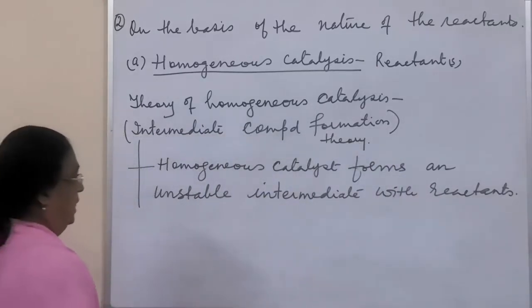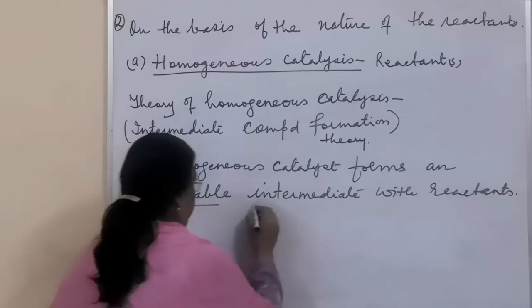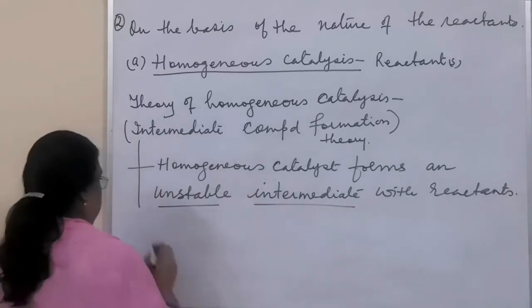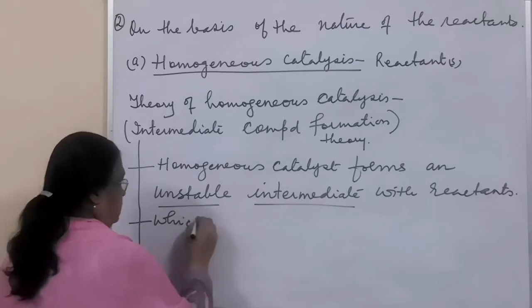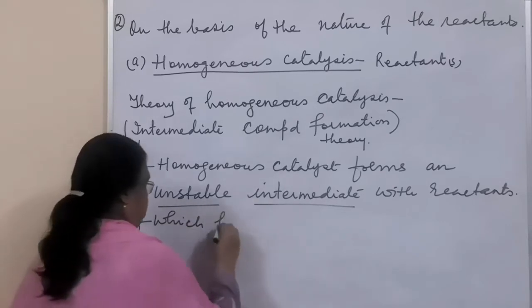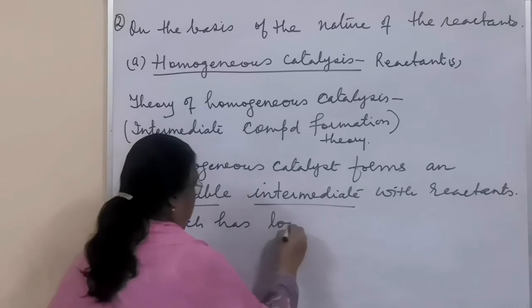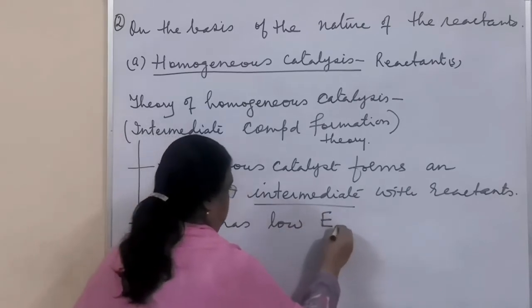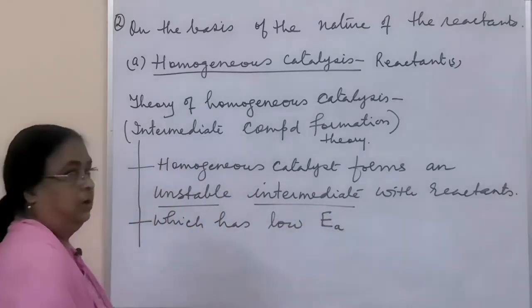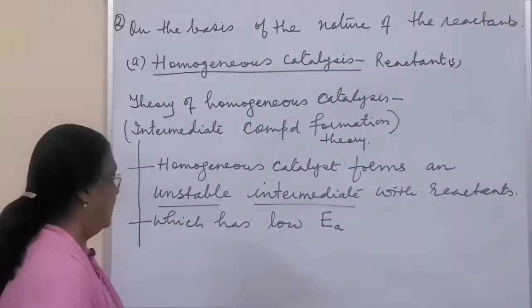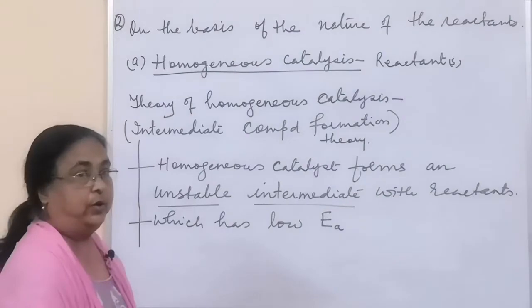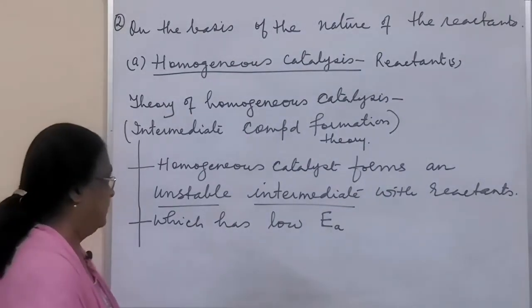One thing, an unstable intermediate, which has low activation energy. Yesterday I told you about activation energy. Activation energy is the minimum amount of energy required for a reaction to take place.